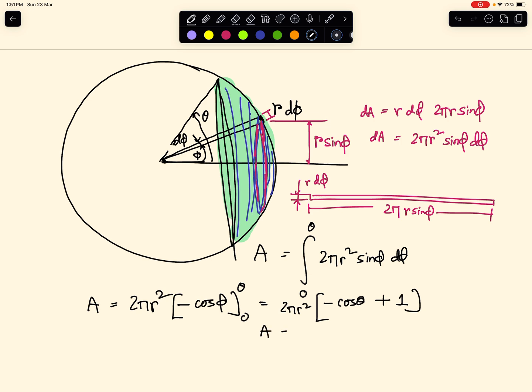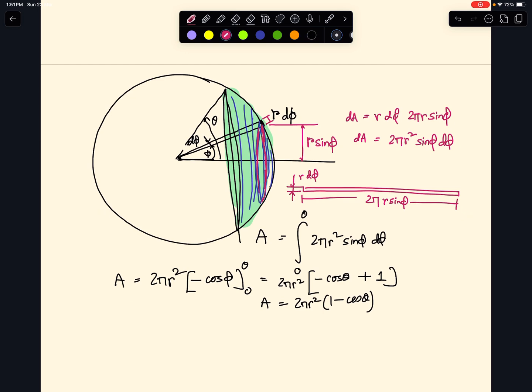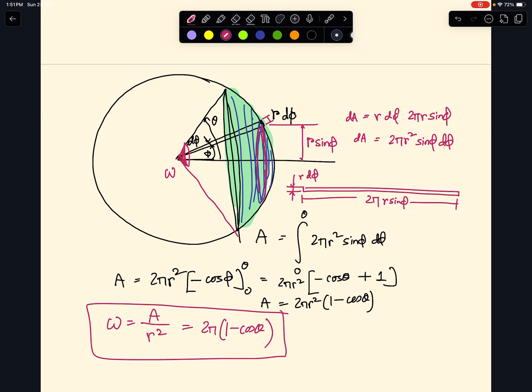So this area is 2 pi r square into 1 minus cos theta. So the solid angle subtended there, the three-dimensional angle, the solid angle omega, as you know, is A by r square, so it is 2 pi into 1 minus cos theta. So this is the relation between the solid angle omega and the plane angle theta.